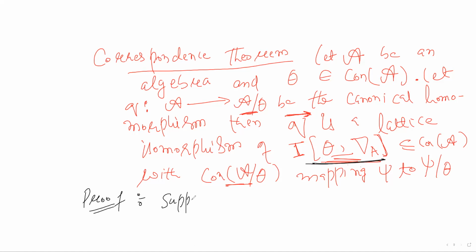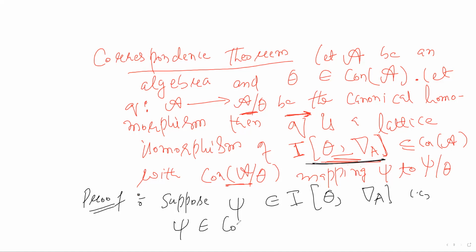Suppose psi belongs to this lattice of congruences, theta delta A. That is, psi is a congruence on A and psi contains theta. That is, psi belongs to the lattice of congruences on A and psi contains theta.